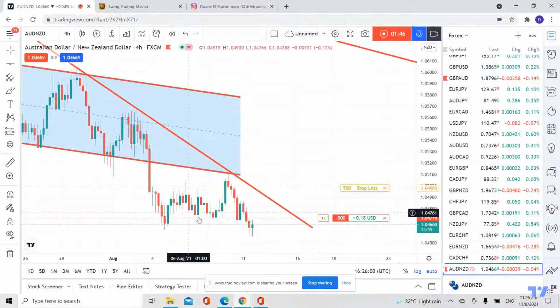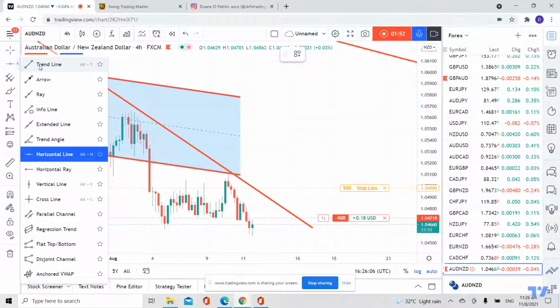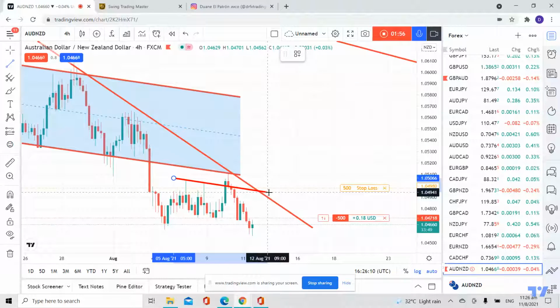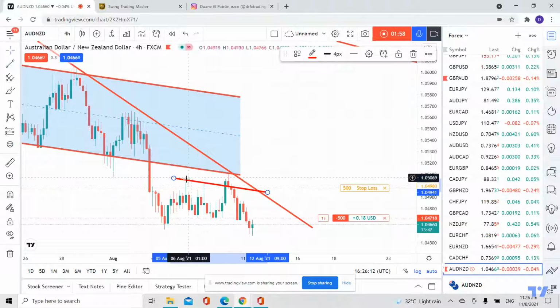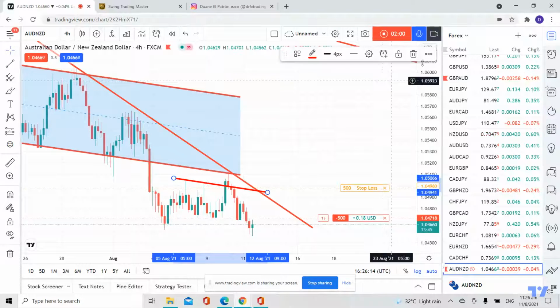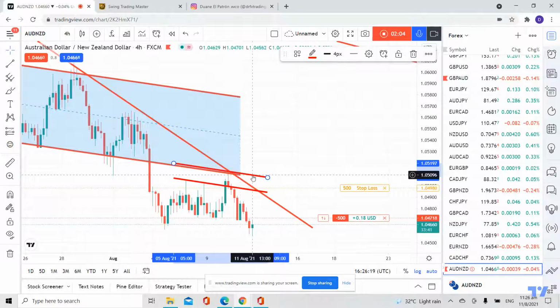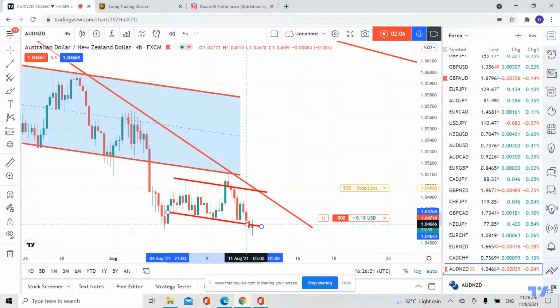So taking a look at the pattern that has been formed here, you will notice that the market has created a downtrend, another downtrend consolidation channel with the resistance boundary formed with these two resistance points and the corresponding support boundary formed with these two support points.